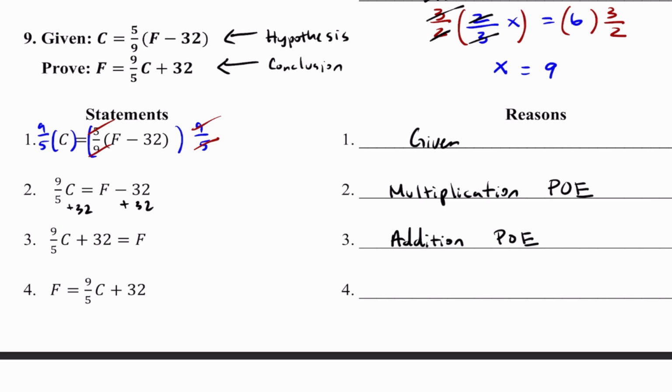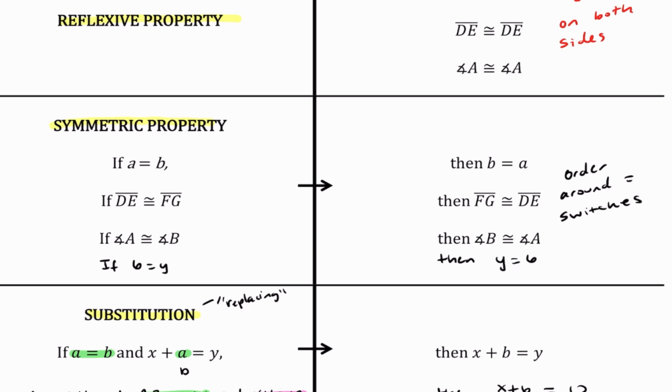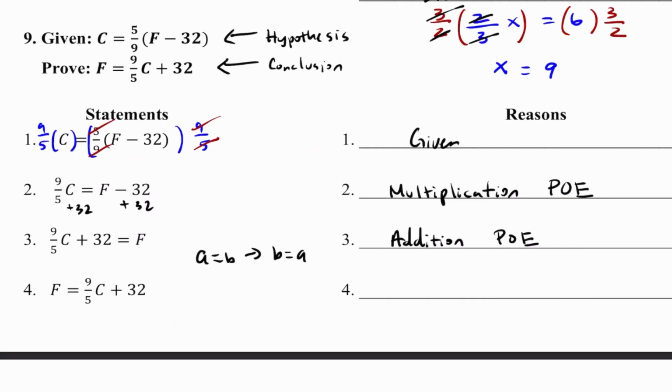So what I need you to do is look back at your pink sheet and tell me, how do I go from 3 to 4? And I'll give you a hint. If A is equal to B, then B is equal to A. And if you guess the symmetric property, that is correct. So from 3 to 4, I'm using the symmetric property.